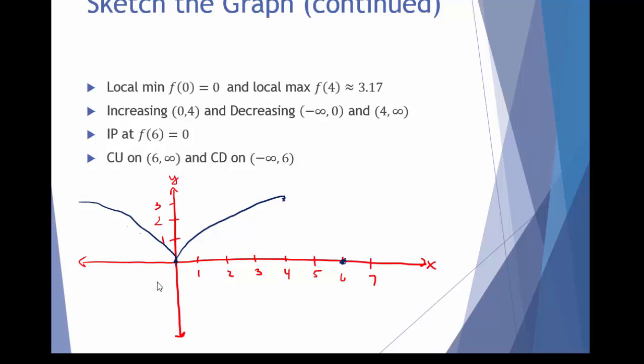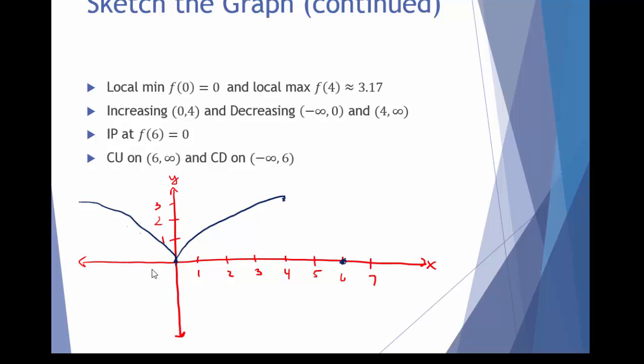Remember, we said there was going to be something very strange going on at 0 because the derivative doesn't exist there. We knew it wasn't going to be a discontinuity because the domain of this function is all real numbers, so it's continuous everywhere. So the other two options for what causes a derivative not to exist is either a sharp change in direction or a vertical tangent.